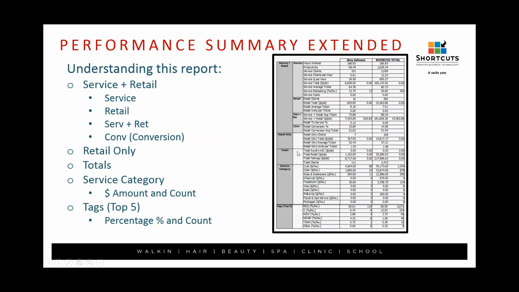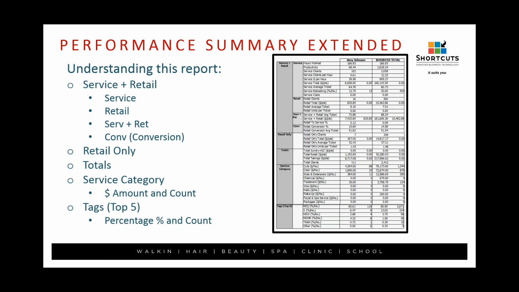The section below that is our service category section. Just like the regular performance summary report, this will break down our categories for us as well. So again, you can see cuts, color, style, chemical, and so on. It'll give me the total as well as the count. So how many did I do and how many dollars did that bring in? Then the very bottom section shows us our tags.